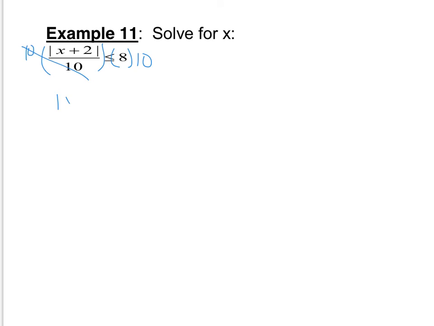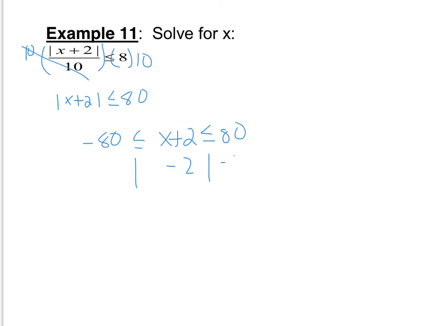You get absolute value of x plus 2 is less than or equal to 80. Now it's an and statement. So remember, that means you still copy down the original, but then it stays in the middle. Subtract the 2. You get negative 82 less than or equal to x and less than or equal to 78.